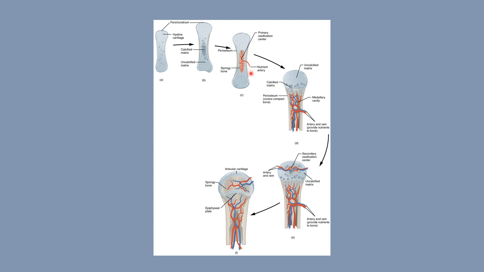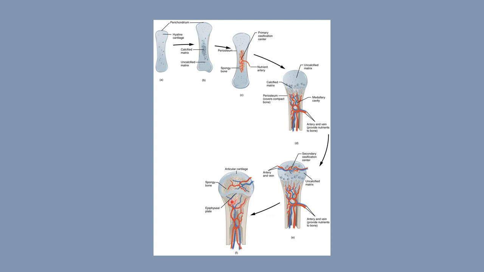Here's a nutrient artery extending out. So it's like you start in the middle and you start extending towards either end, toward that epiphysis area, so that eventually you've got your medullary cavity formed with your blood supply in here.